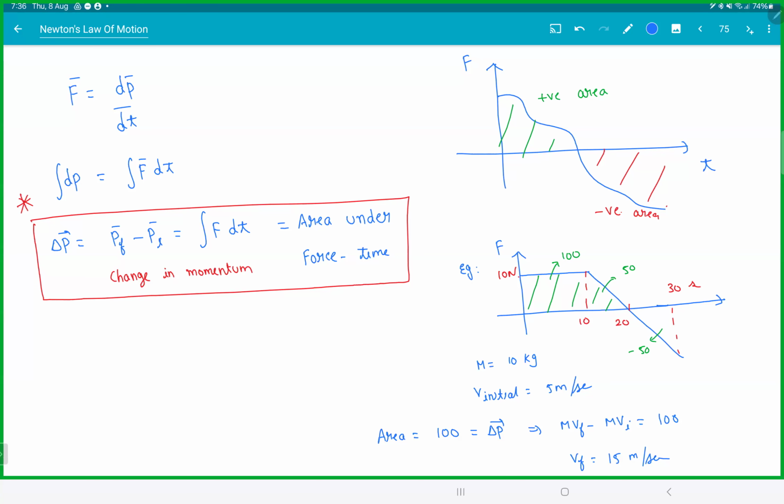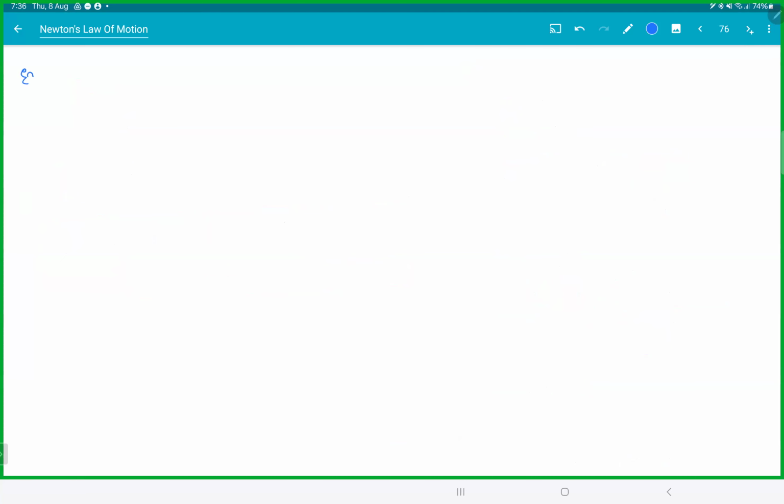Clear? Next thing. Let me show you one more example. They'll ask you a question like this. They will say, we have a trolley. Let's say mass of the trolley is 100 kg.